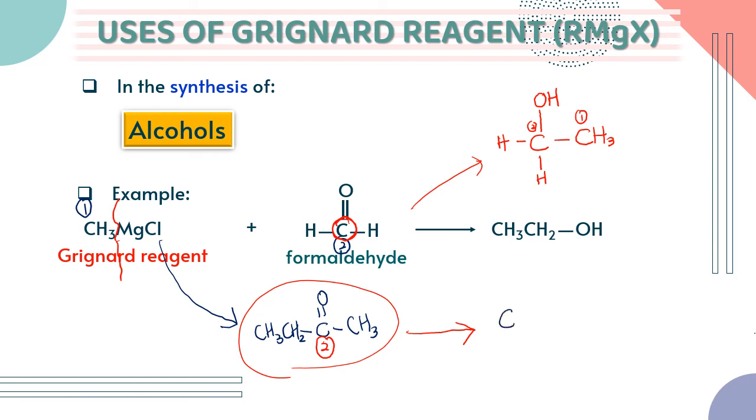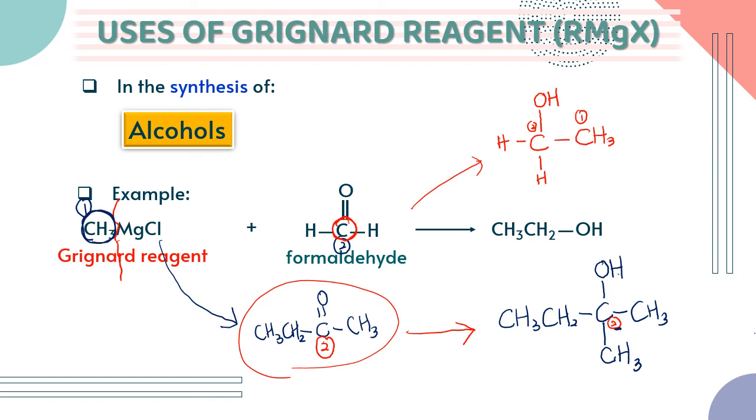So CH3, CH2, C, CH3. So this is your carbon number 2. At this carbon number 2, it is bonded to initially double bond O, so it becomes OH, single bond O and then H. Next, this carbon number 2 will be bonded to carbon number 1 over here, so bond CH3.